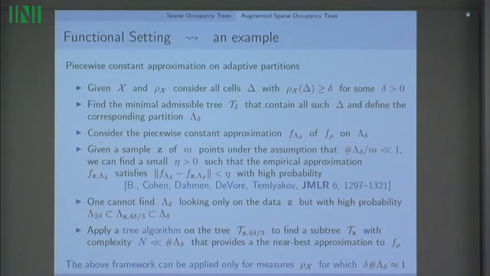numerical measure based on the sample Z, and we use 4 delta over 3, then with high probability we can say that the tree we are building with this threshold would be between the actual trees with 2 delta and delta measures.